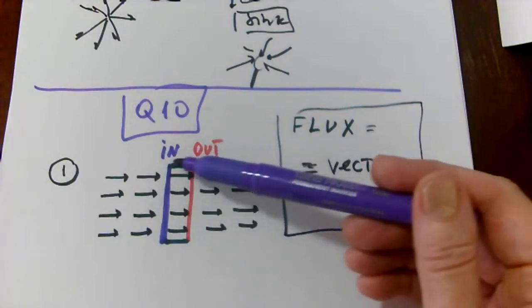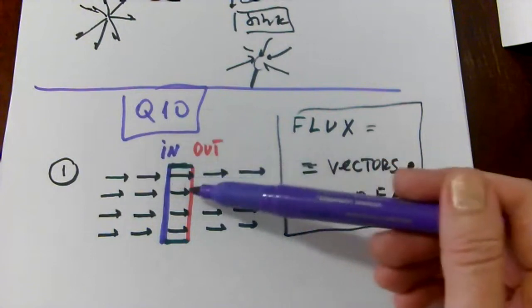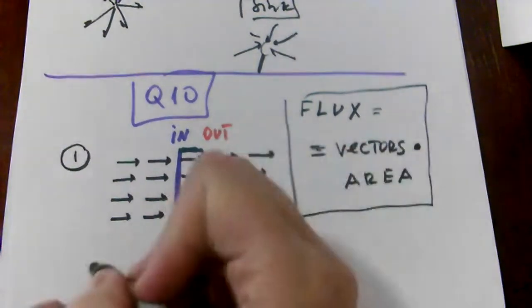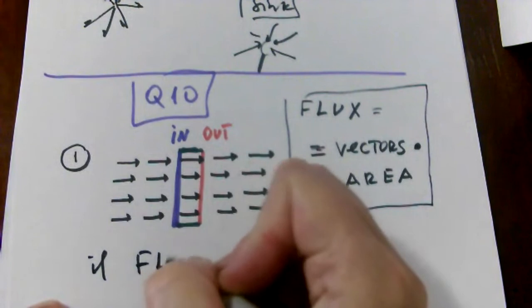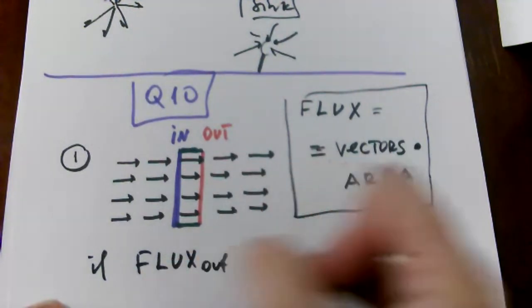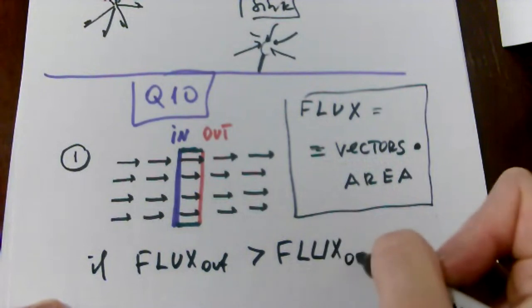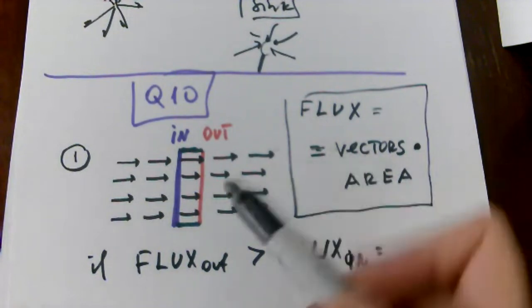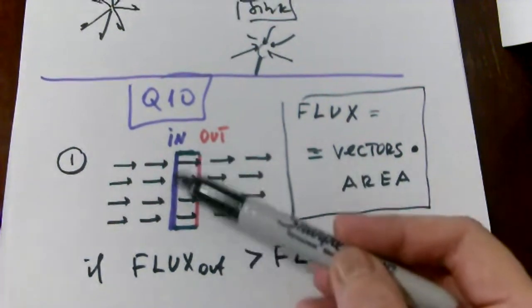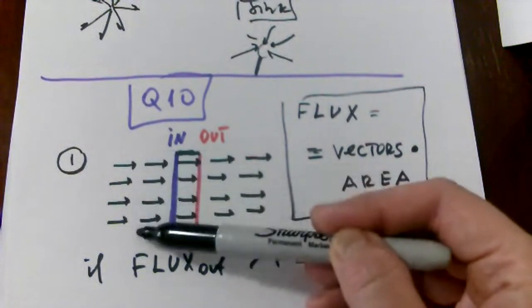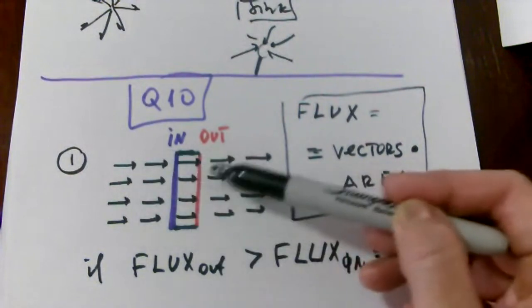And if flux out is bigger than flux in, it means divergence is what? Divergence is positive. Okay, let's write down this fact. If flux out is bigger than flux in, which goes into this box, it means that the amount of water entering this box is smaller than the amount of water leaving this box.